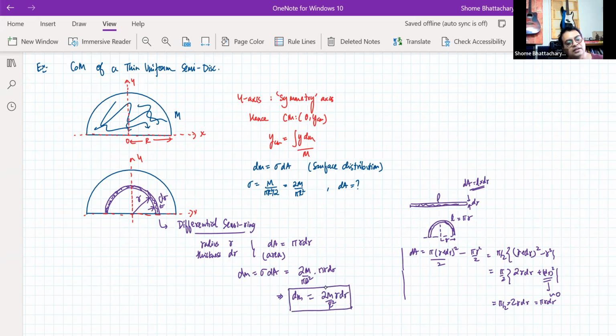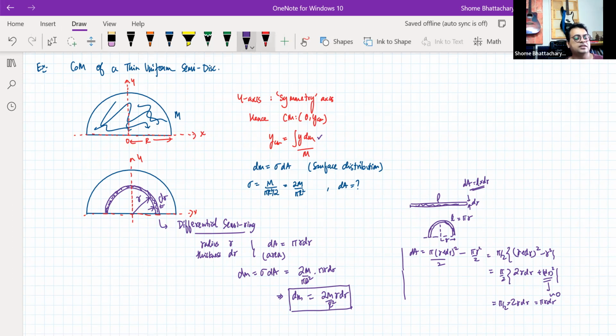Now coming back to the integral, I'll substitute dm as this. But what should I substitute y as? You can see the variable of integration is going to be small r. So I have to express the y coordinate of that semi-ring's center of mass. So this semi-ring's center of mass is lying where? At 2r by pi. Yes.